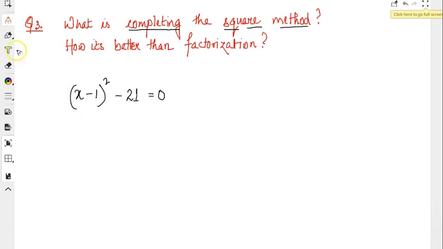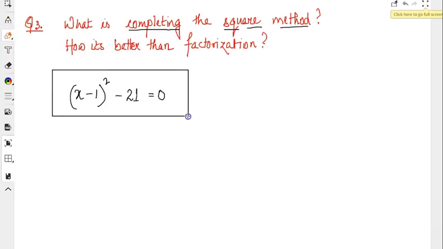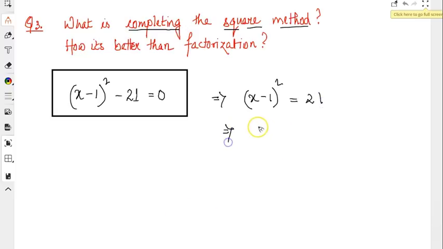Now how is it easier? Let us talk about an equation if it is present in this way. How is it helpful for us? Let me try to solve this. So x minus 1 whole square minus 21, I can write this as x minus 1 whole square is equal to 21, right? And now I can write this as x minus 1 is equal to plus minus square root of 21.